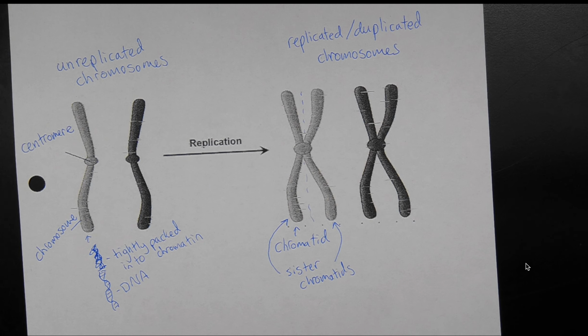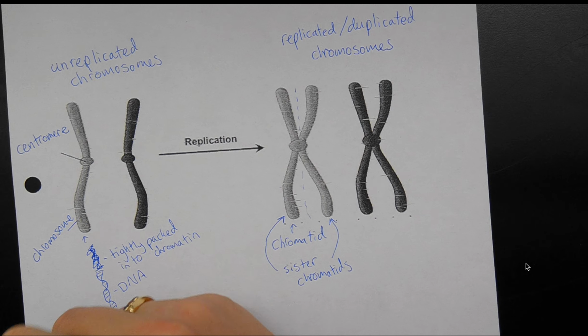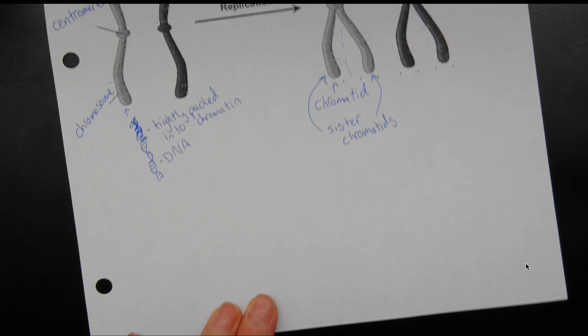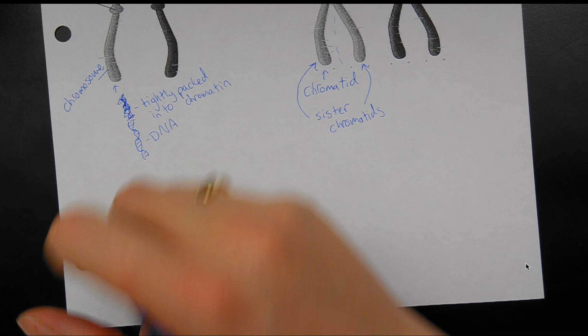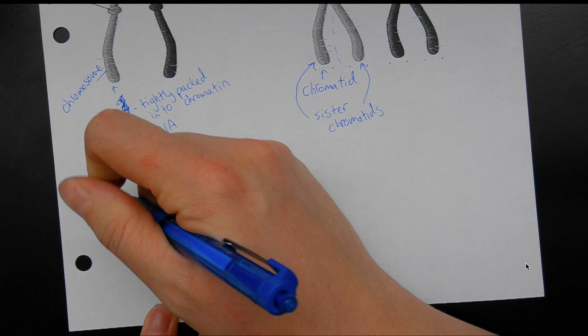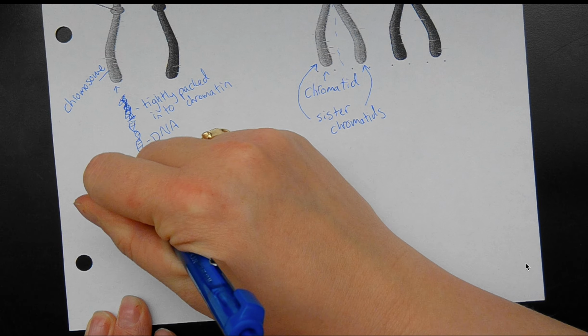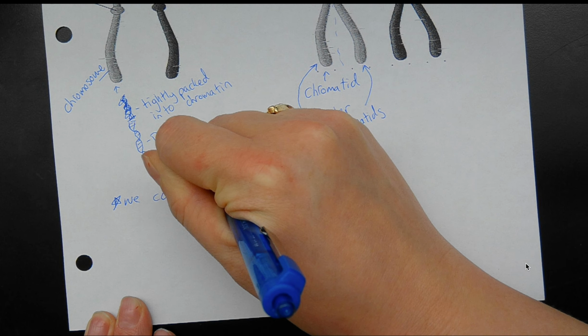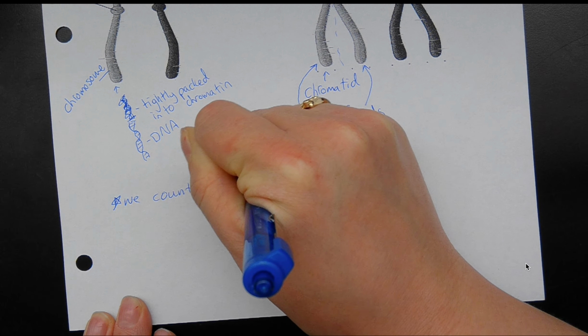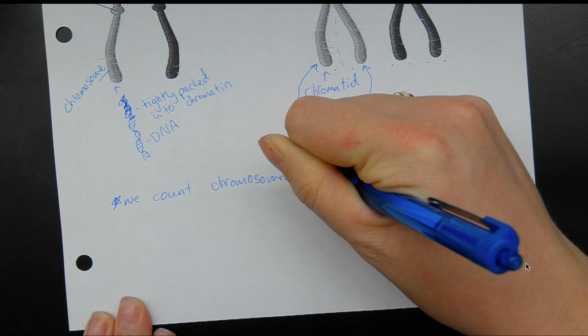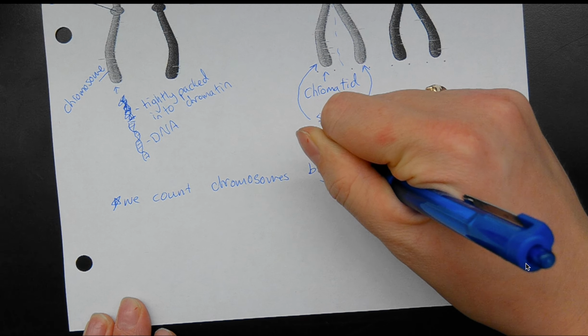An important thing to remember, especially as we get into different types of cell division, is we count chromosomes by centromeres.